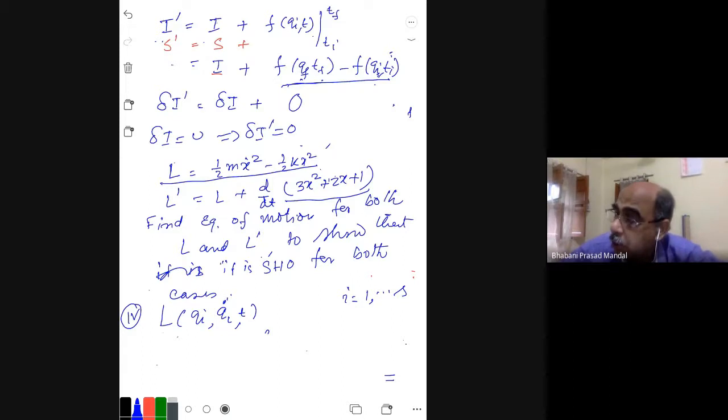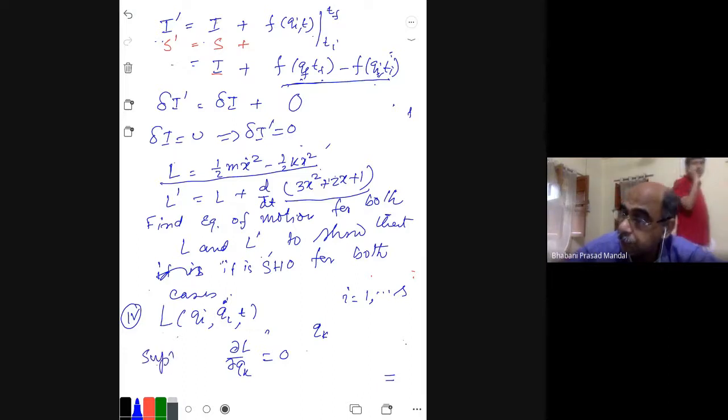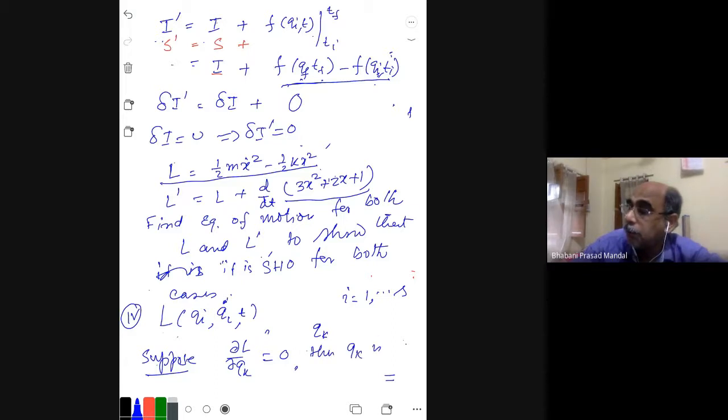But suppose there is a coordinate qk such that del L del qk is 0. If it happens, then this coordinate qk is called a cyclic coordinate.